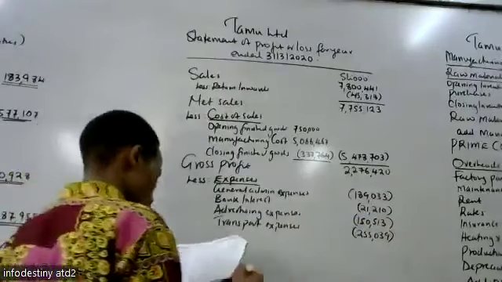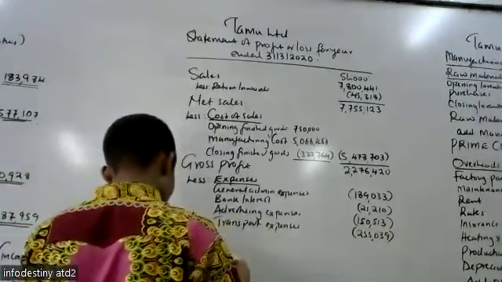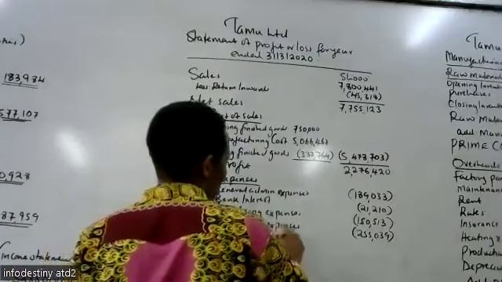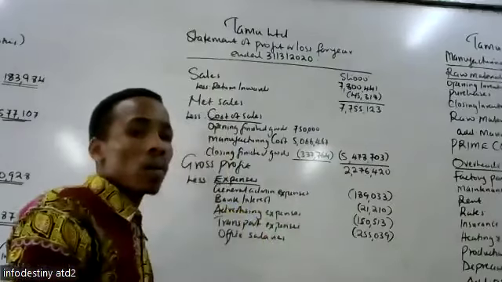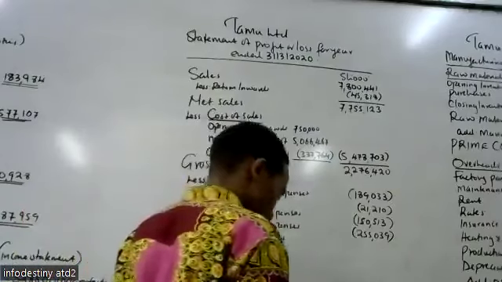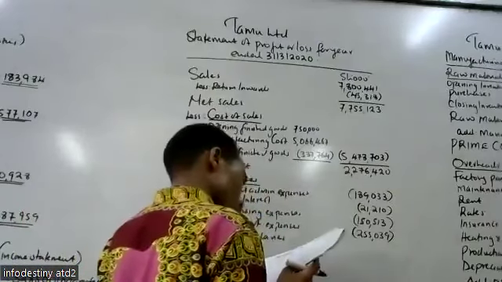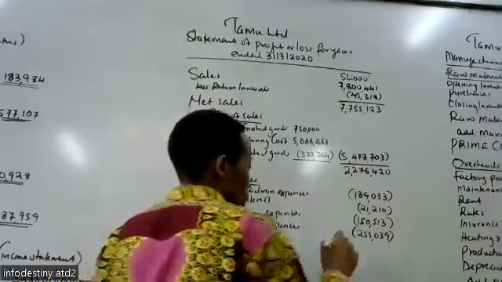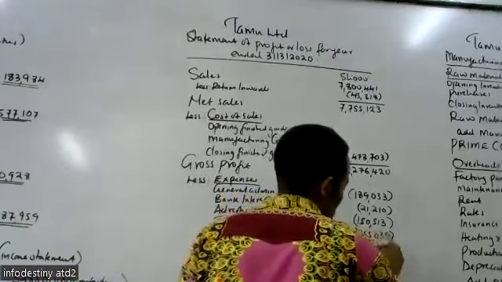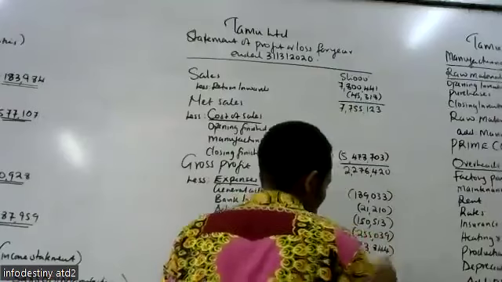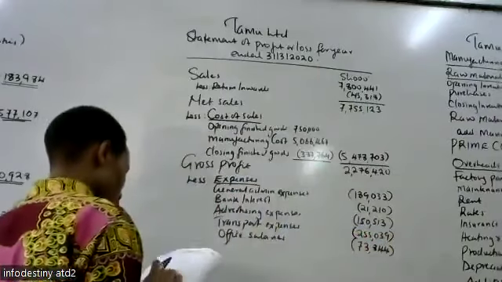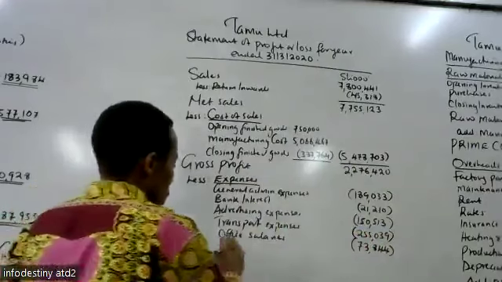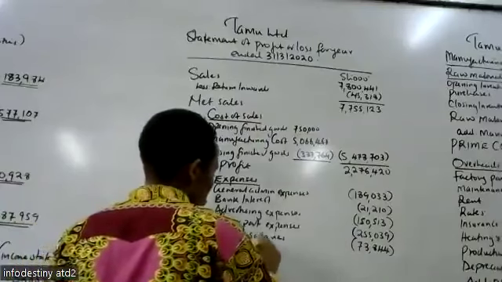Then from there now we pick the expenses that we had adjusted. So we start from the top, we have the office salaries. Office salaries we adjusted to 73,844. Out of the office salaries we picked the salesmen salaries.